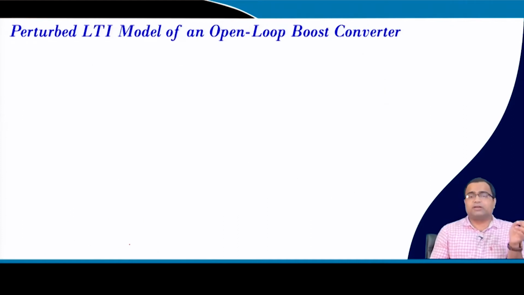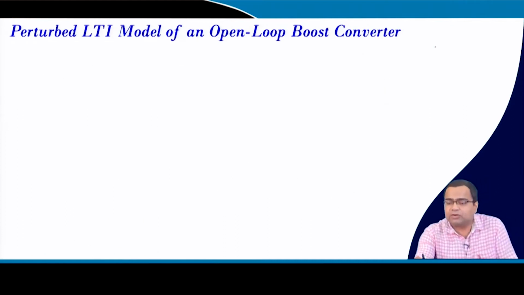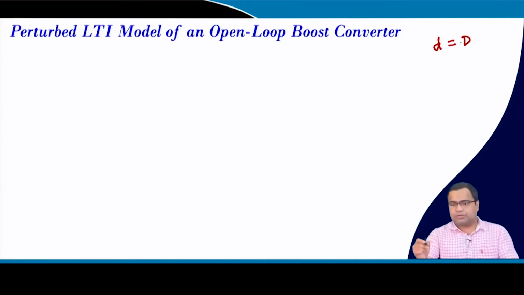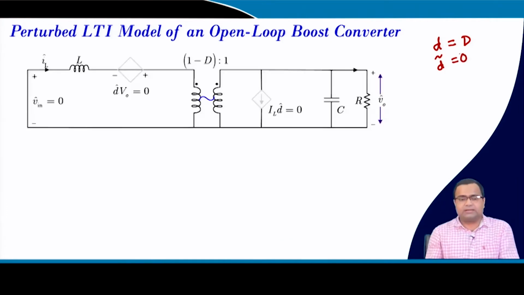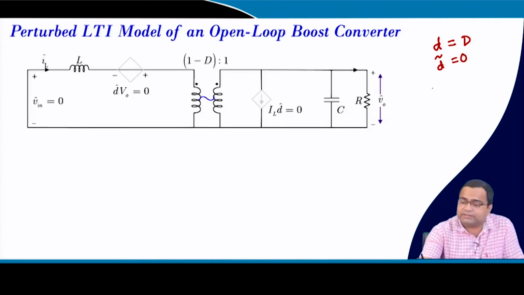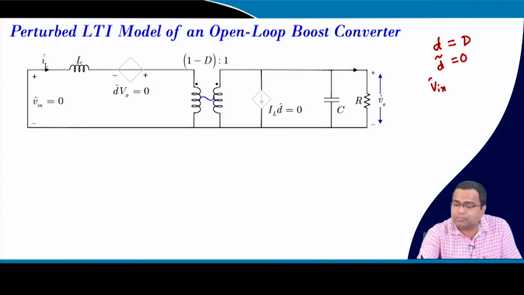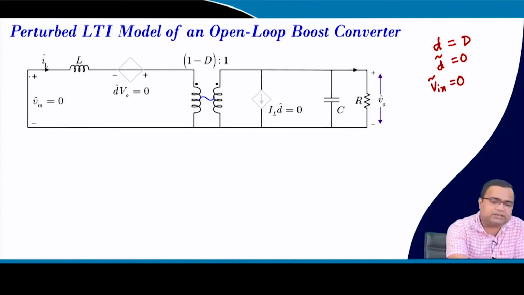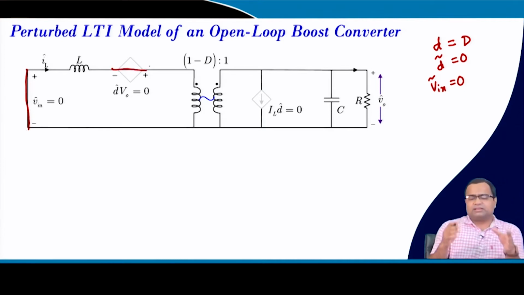Now, if we consider an open loop boost converter, where we are considering the instantaneous duty ratio to be the fixed duty ratio, that means the perturbation in the duty ratio is 0, then the supply disturbance is also considered to be 0 in open loop. So, this part is shorted, and this part where we had V0 into d tilde is 0 because we have ignored the perturbation of the duty ratio, because we are using a fixed duty ratio.